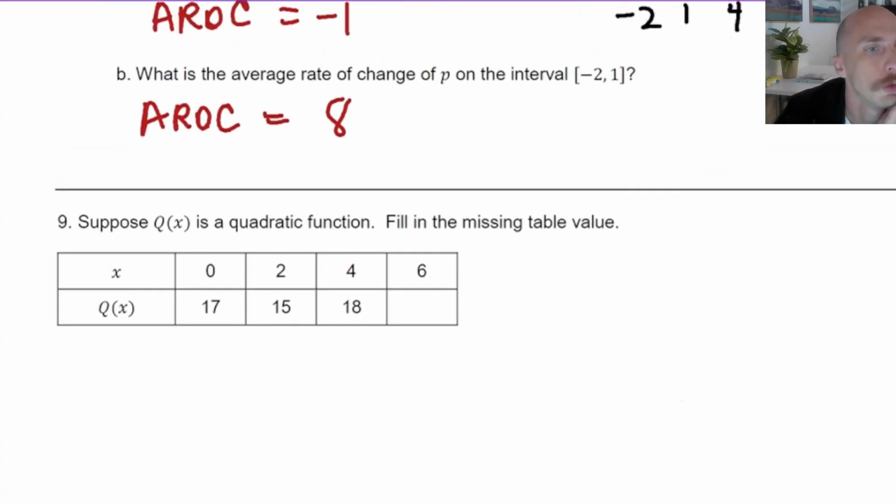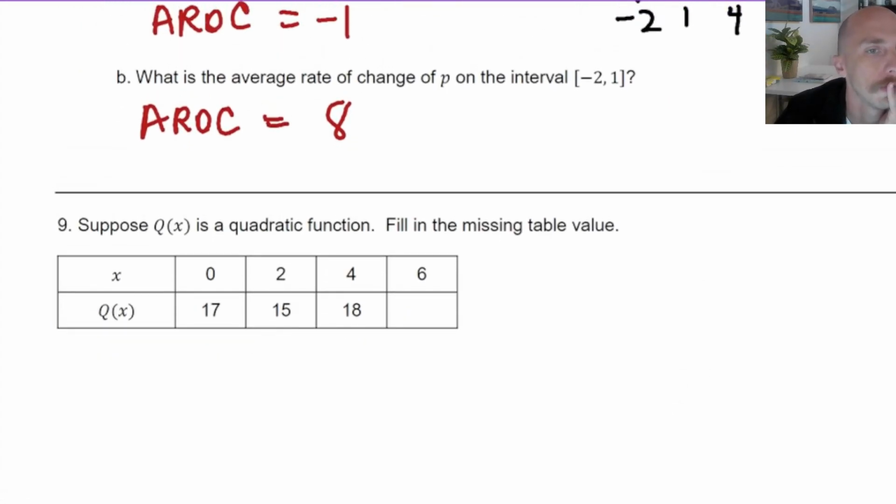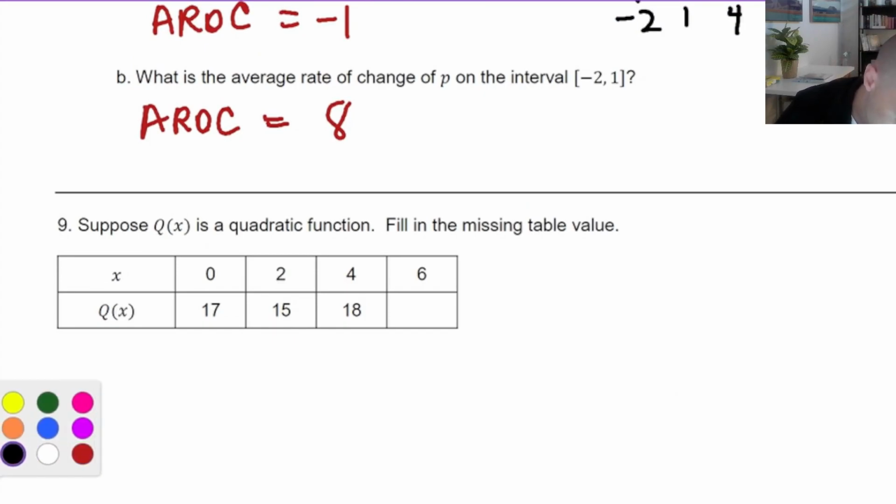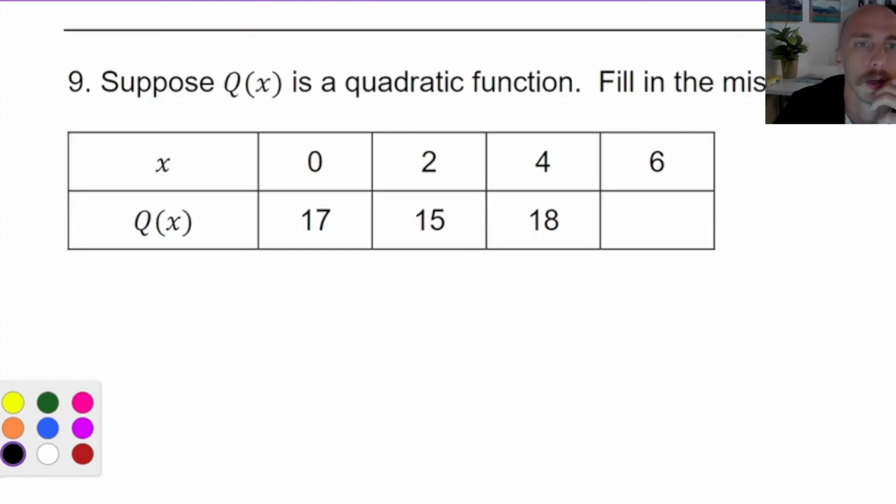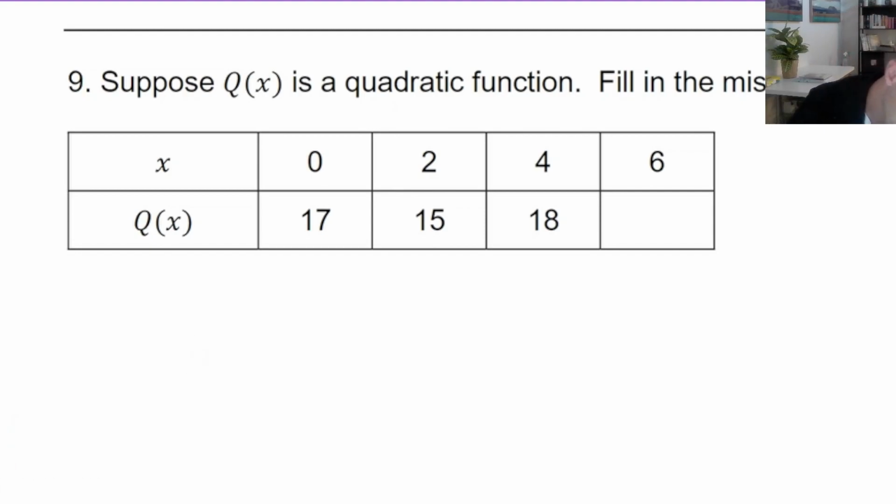Now, suppose q of x is a quadratic function, fill in the missing table value. Okay, great. I think, did we already do one of these? Yes, we already did. It's the one with k. It's the same type of problem. Okay, but no big deal. If it's quadratic, we can look at the average rates of change. But I actually found that first difference, second difference was the way to go here.